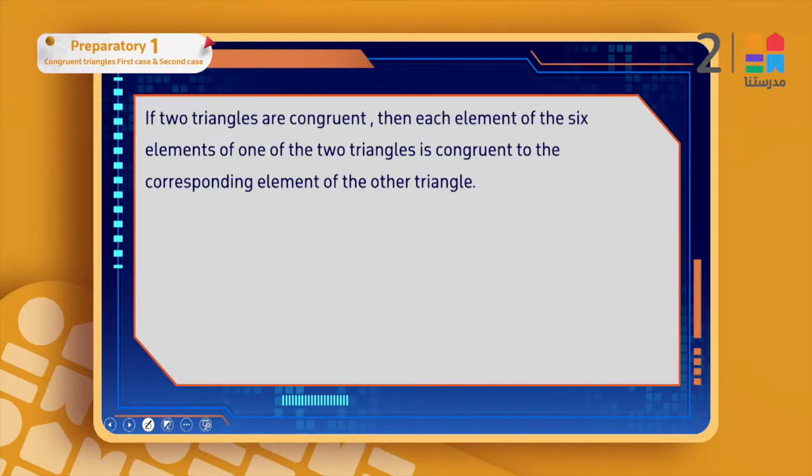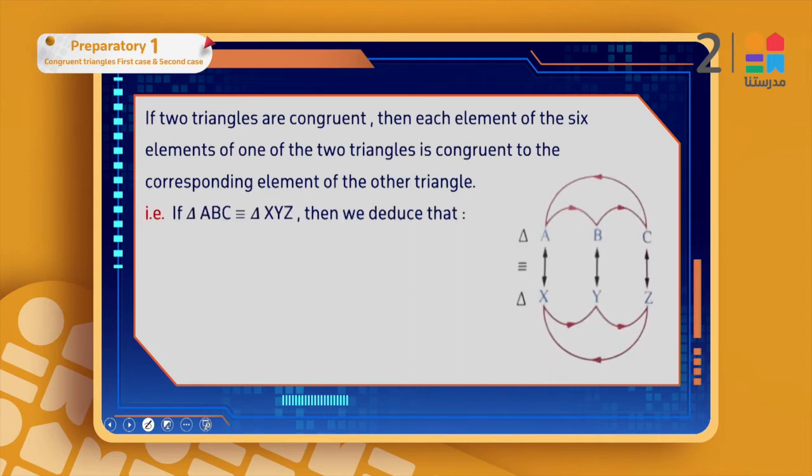So it's up to you to rename it by any order, but keep in mind the corresponding vertices. If 2 triangles are congruent, then each element of the 6 elements of one of them is congruent to the corresponding element of the other triangle.